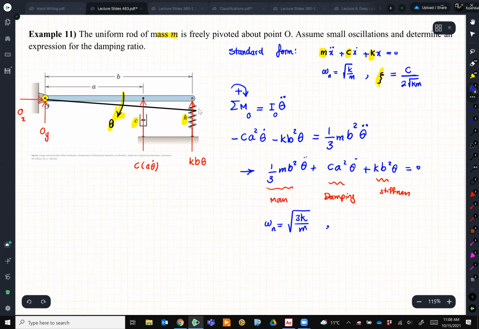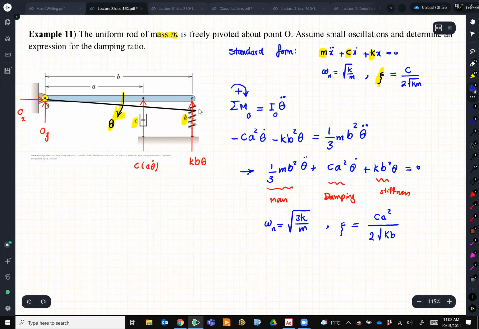I can find zeta, the damping ratio, which is c divided by 2 square root of km, where I have k and I have m. I can just simplify them.